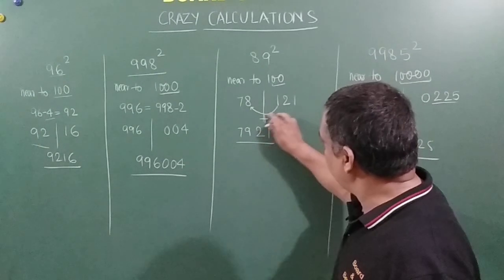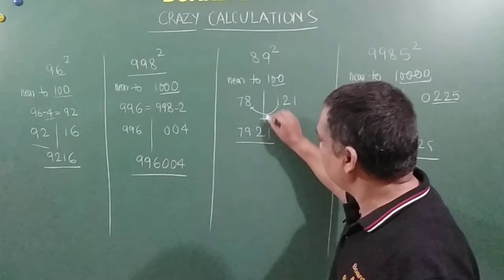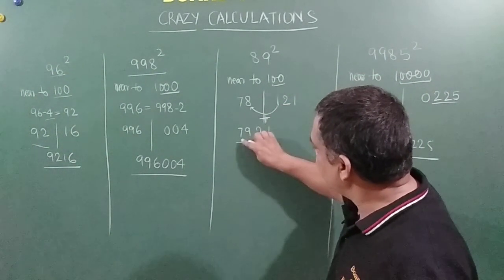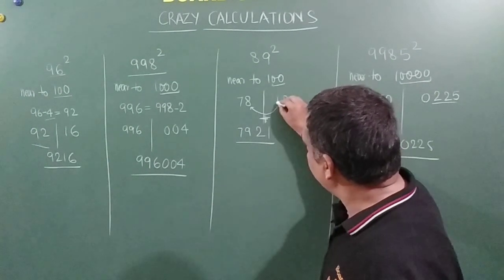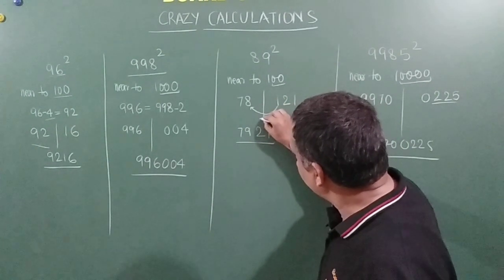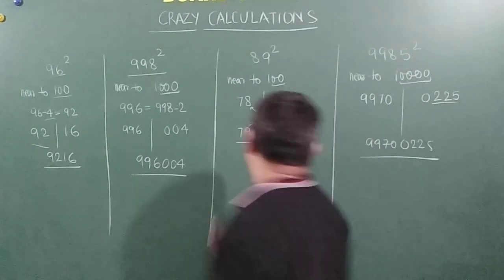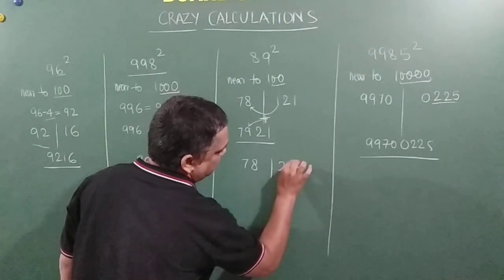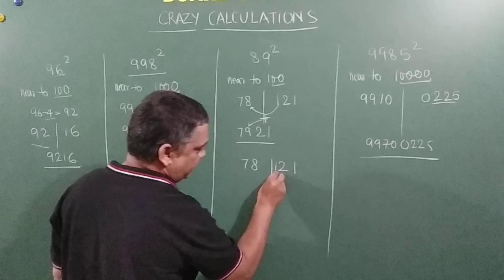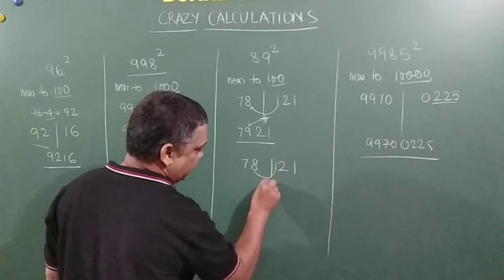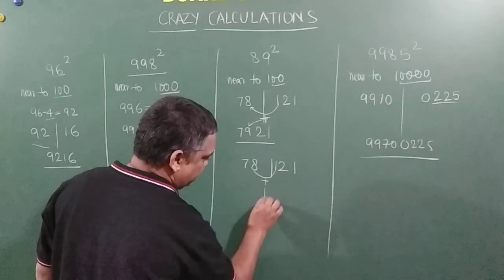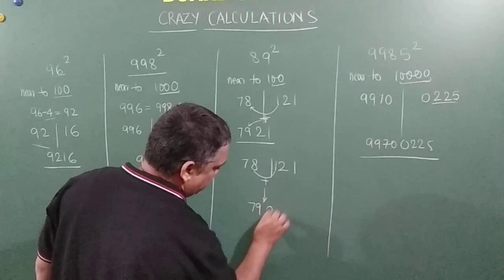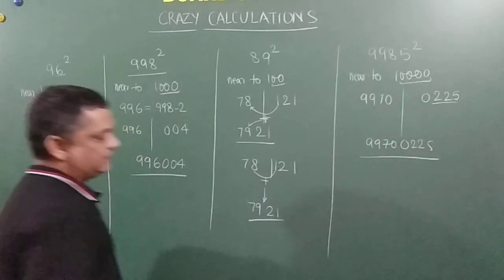So this one will go there and get added: 78 plus 1 becomes 79. So 7, 9, and 2, 1 will remain like this. Right friends?